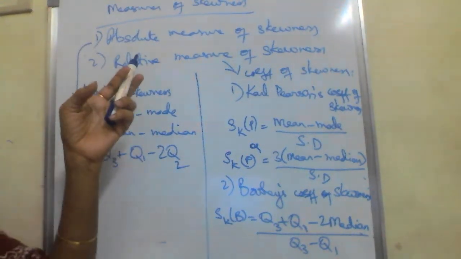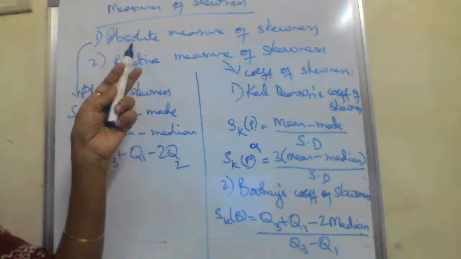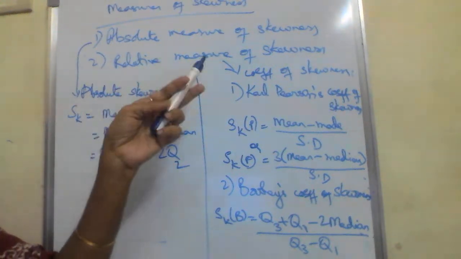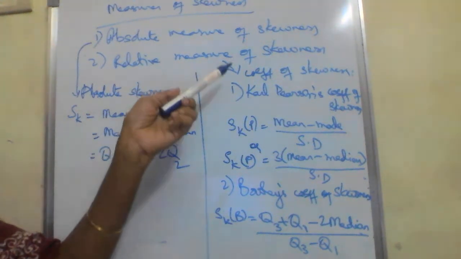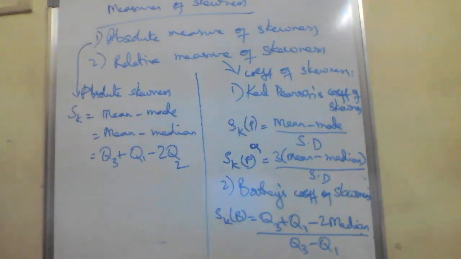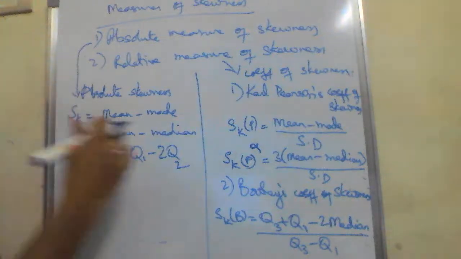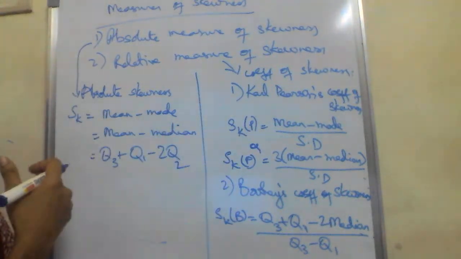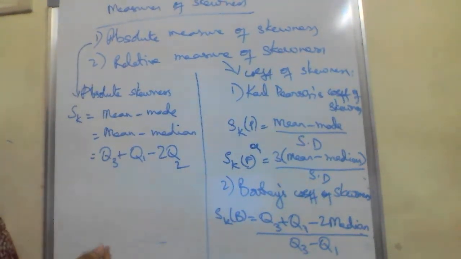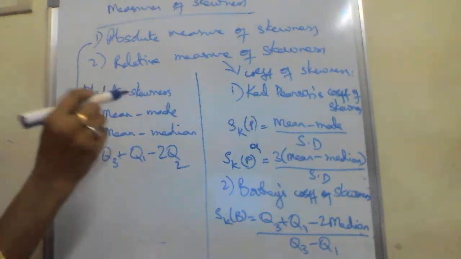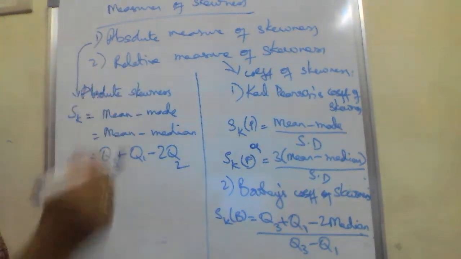The statistical measures of skewness are used to measure the extent or direction of symmetry. It is skewed means either to the right or to the left it will be stretching. To measure this we use either absolute measure or relative measure.